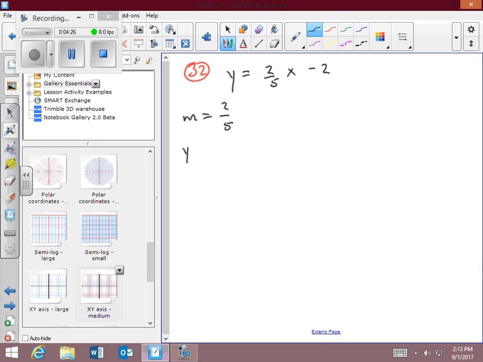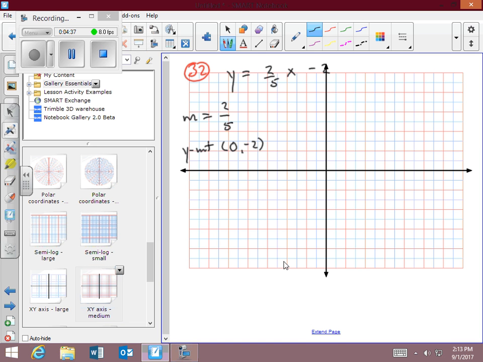And your y-intercept is going to be what? 0, minus 2. Everyone see why? Okay, then when I graph it, I find my y-intercept, which is 0, minus 2. So it's that point right there.